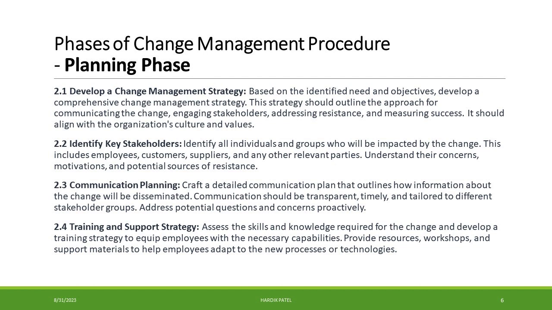2.2 Identify key stakeholders. Identify all individuals and groups who will be impacted by the change. This includes employees, customers, suppliers, and any other relevant parties. Understand their concerns, motivations, and potential sources of resistance. 2.3 Communication planning.